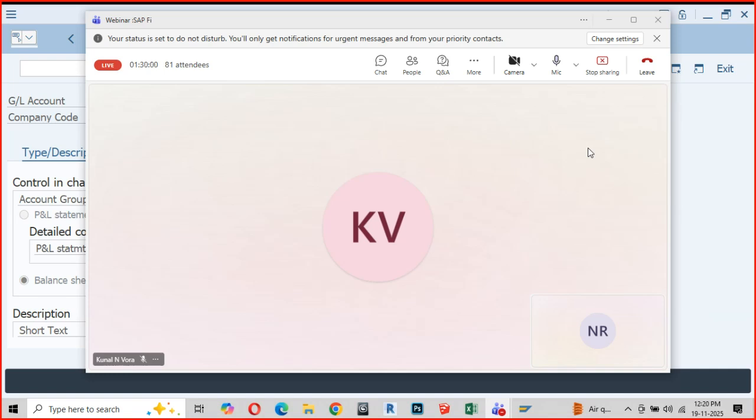So this is one of the typical year-end closing activities. All these closing activities are accumulated in a concept called the closure cockpit, financial closure cockpit, FCC.